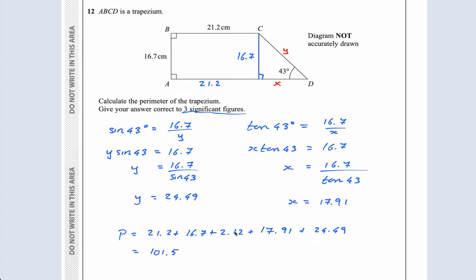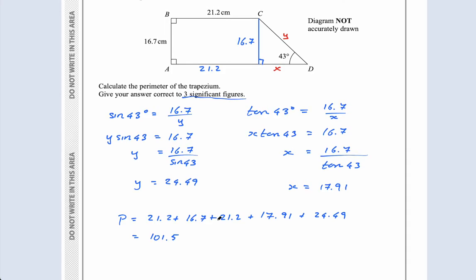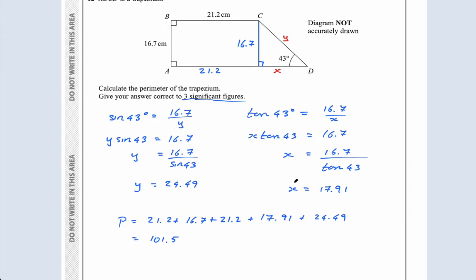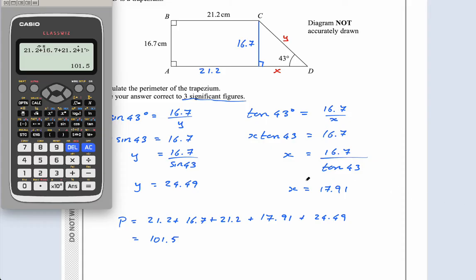Now, guys, this I need to change to 21.2. And the answer correct to 3 significant figures is actually 101. Now, I'm guessing 101.5, I'm guessing that they will accept.